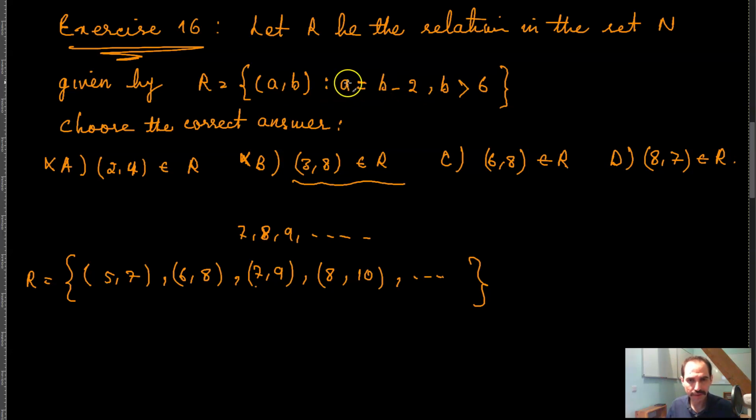The difference between A and B is actually 2, not 5. And over here 6, 8 actually belongs to R, and 8 comma 7 of course does not belong to R. So the correct answer is C. The correct answer is C. Right. Okay.